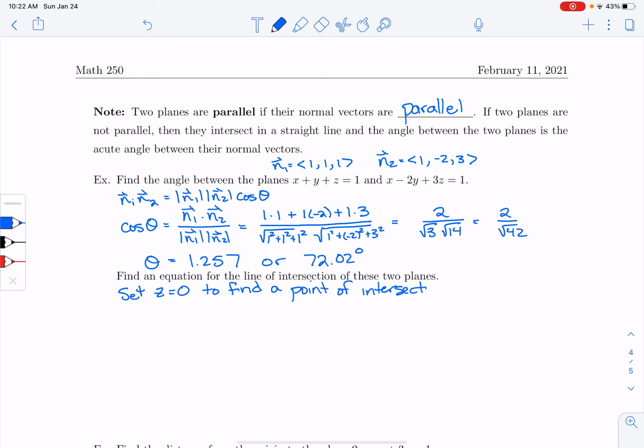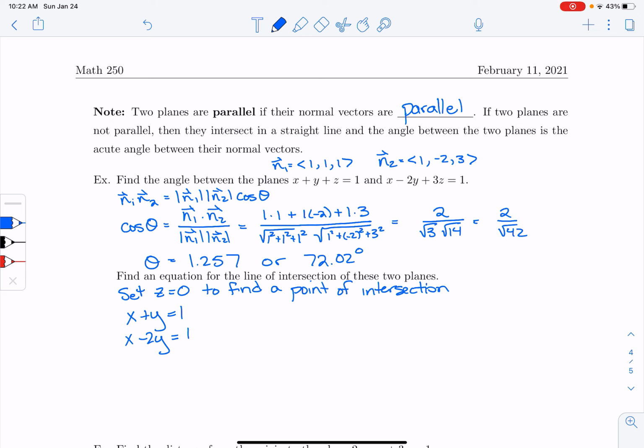This is a little strategy. We have to find somewhere that the two planes intersect, and we suspect that there's a point where z equals 0 where they intersect. Then I get two equations, x plus y is equal to 1, and x minus 2y is equal, again, to 1.